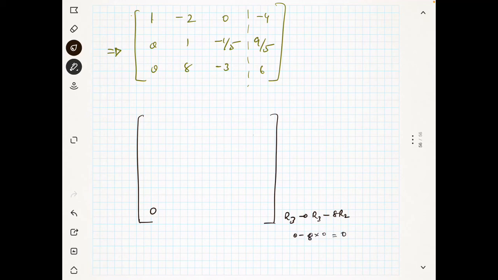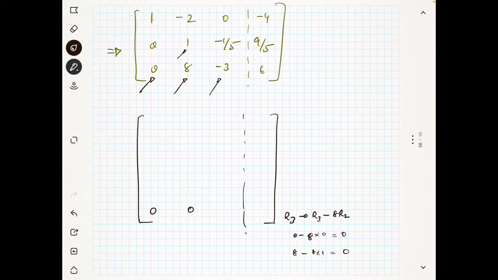So this becomes 0. Now, this is finished. Next, this one, this is 8 minus 8 into 1. So this becomes 0. No issue. Okay, we got 0.